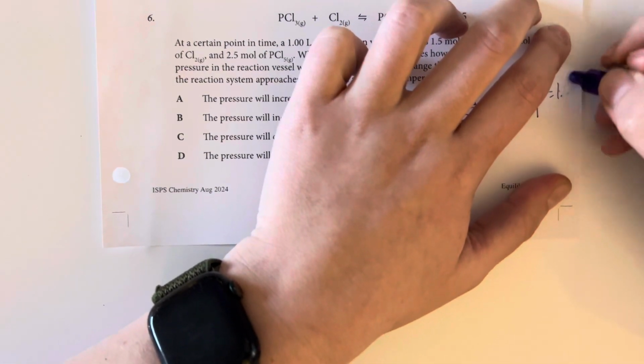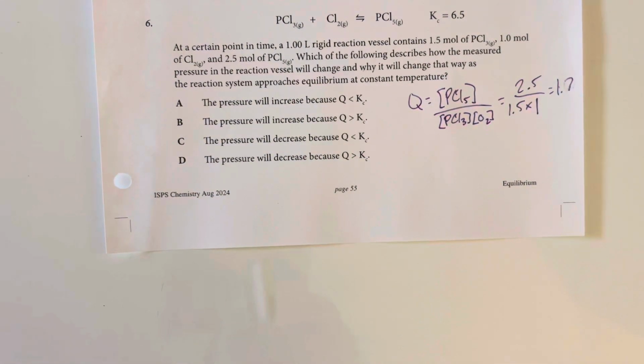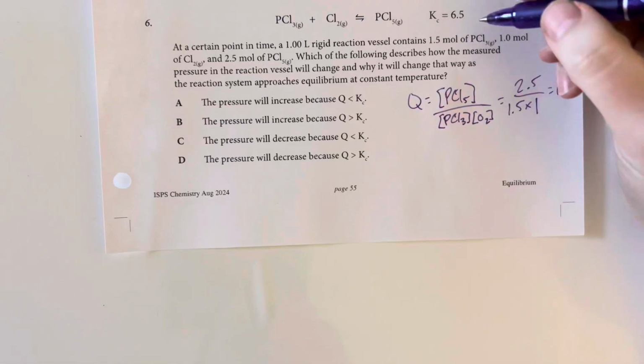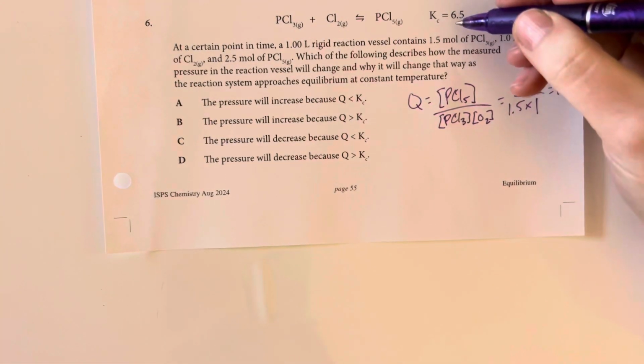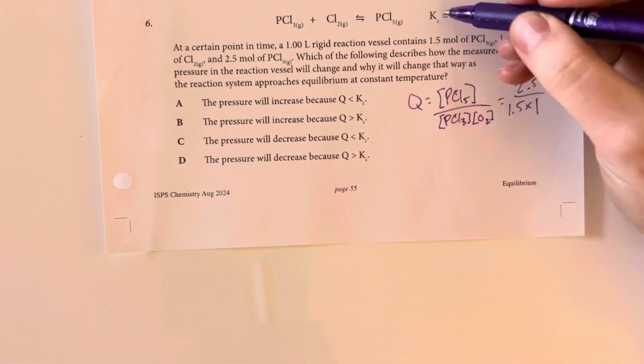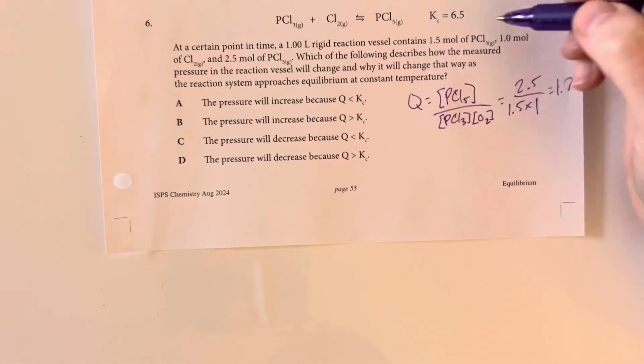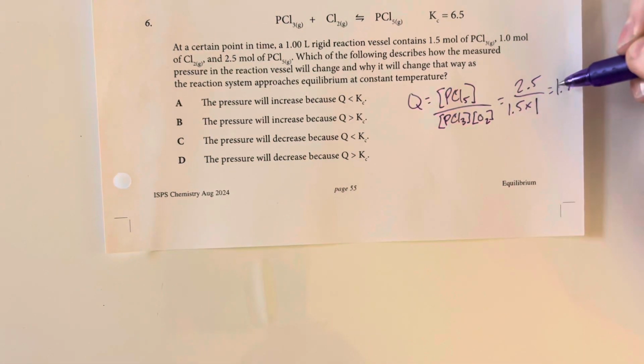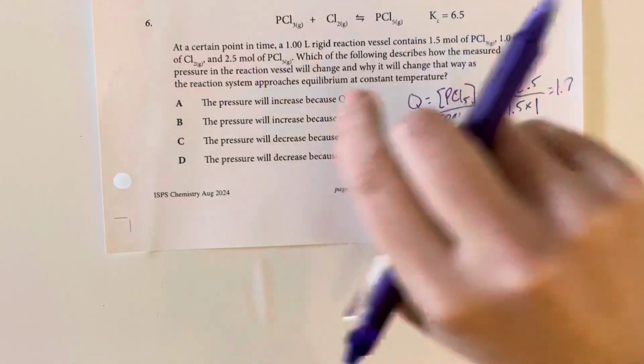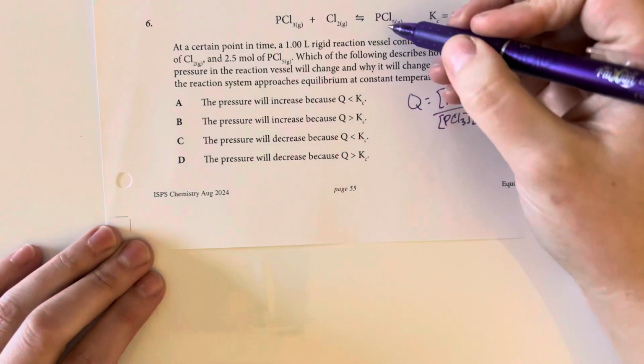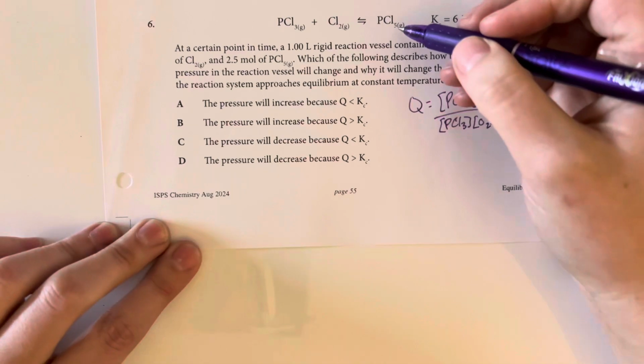So I'll just fix that. The Q value is currently 1.7. And we can see that the equilibrium constant is 6.5, which is greater than that of Q, which means I am going to push forward and I am going to produce more of my products.